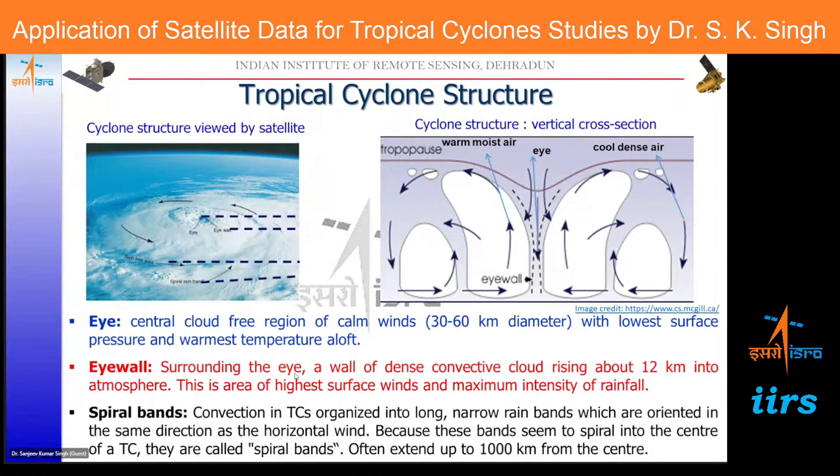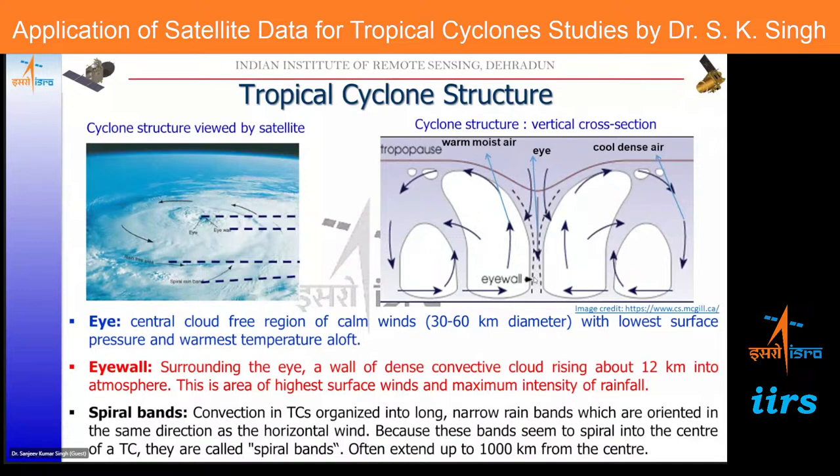This slide shows the structure of the tropical cyclone. The right side picture shows the vertical cross section, and the left side shows the top view. You can see at the center there is the eye. The eye is mainly a cloud-free region of calm wind.